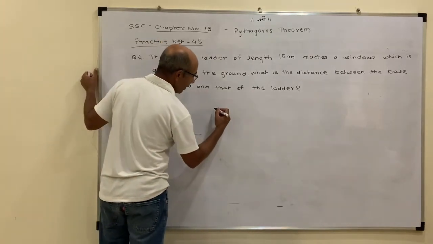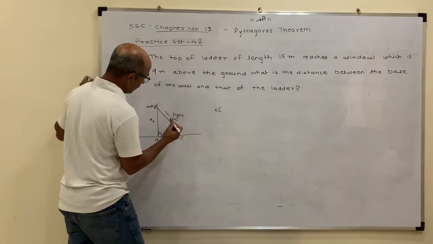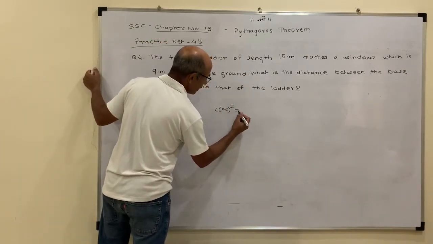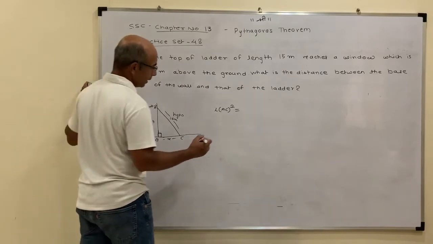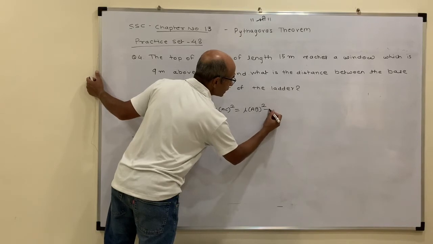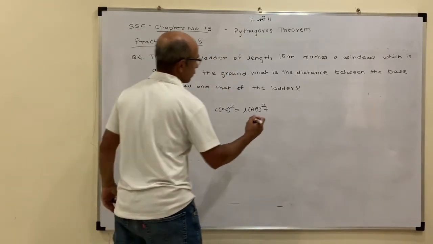Now in triangle ABC, length AC square equals to length AB square plus length BC square.